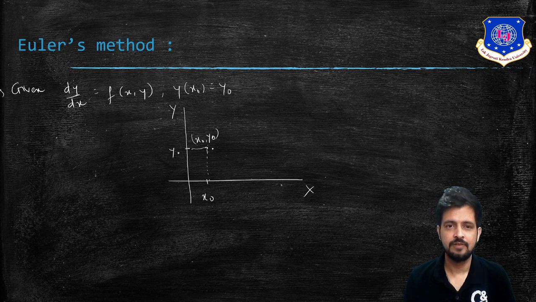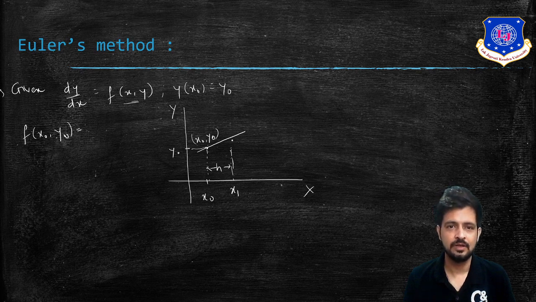Here I am taking x1, and the step size is h. From this point we have to draw a tangent. The slope of the tangent will be dy by dx, so we can say the slope of the tangent is f of x comma y. But at point x0 y0, the slope of the tangent can be written as f of x0 y0.